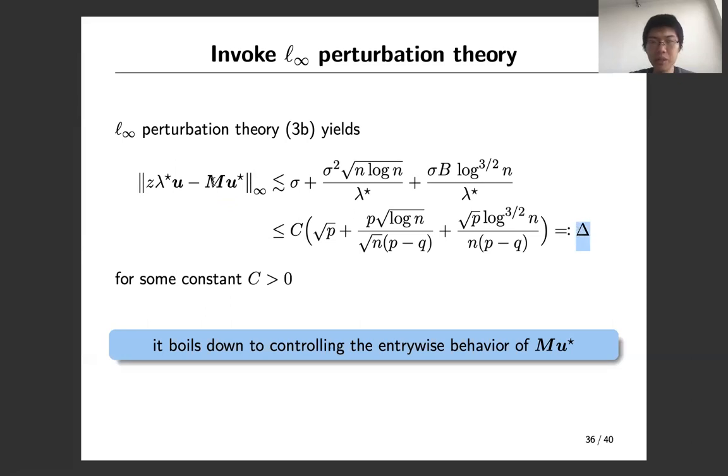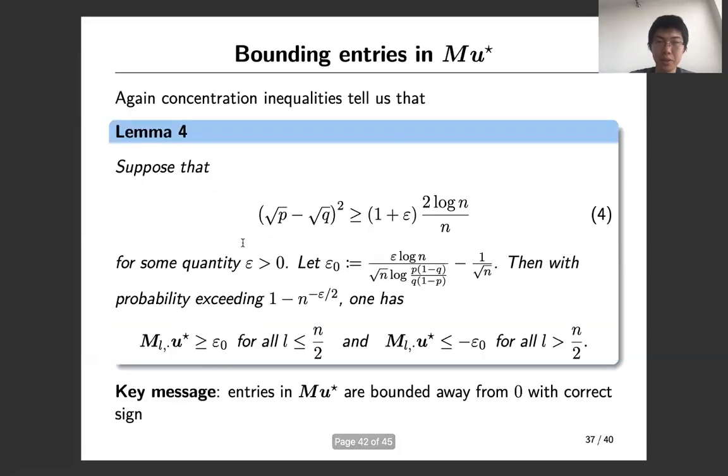So operationally speaking, it means that the leading eigenvector u is quite close to a linear function of the population eigenvector u star. So as you can see from here, everything boils down to controlling the entrywise behavior of this M u star vector. Okay. Fortunately, concentration inequalities again can help us in understanding the entrywise behavior of M u star.